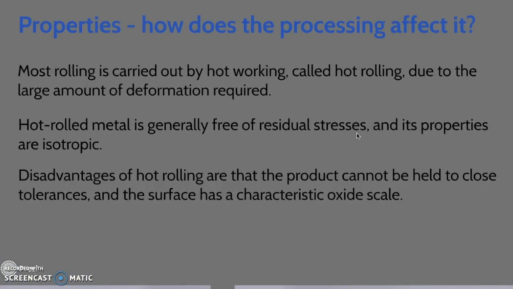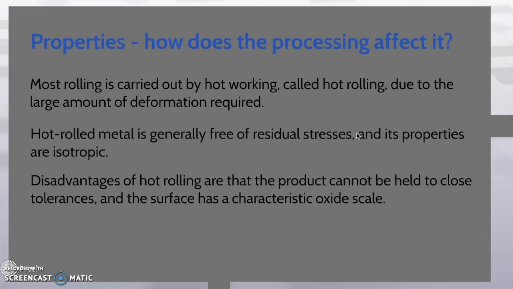Most of the rolling is carried out by hot working, due to the large amount of deformation required. So the raw rolled metal is generally free of residual stresses and its properties are isotropic. The disadvantages of hot rolling are that the product cannot be held to close tolerances and the surface has a characteristic oxide scale.